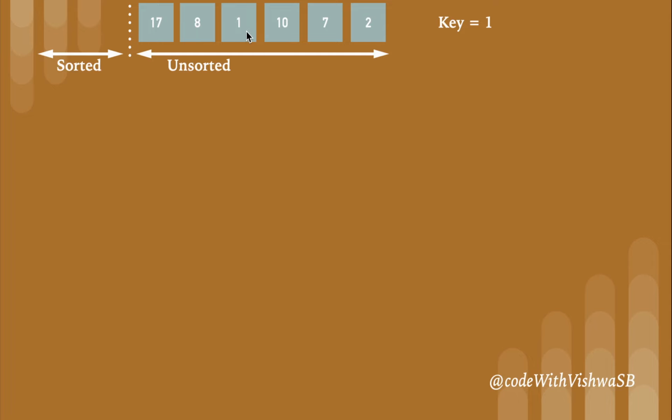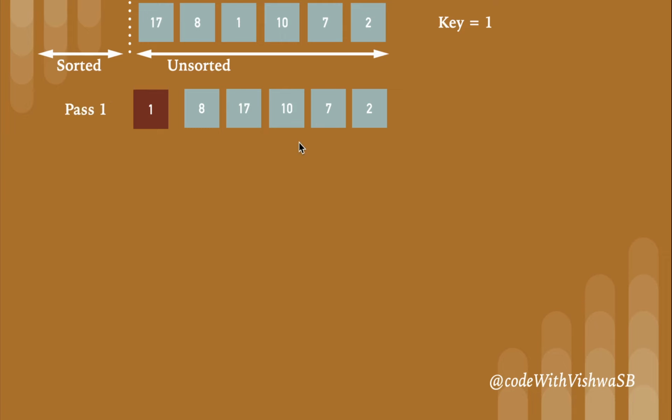Continue the process of finding the minimum element till the index reaches the end of this data set. So there is no other minimum element, so now we have to swap this 1 with the leftmost element of this section. So after swapping, the given data looks like this, and I call this pass 1.